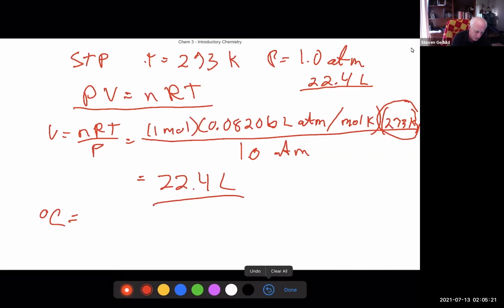Remember it's PV equals nRT. P is pressure, V is volume, n is moles, R is the ideal gas constant, and T is temperature in Kelvin.